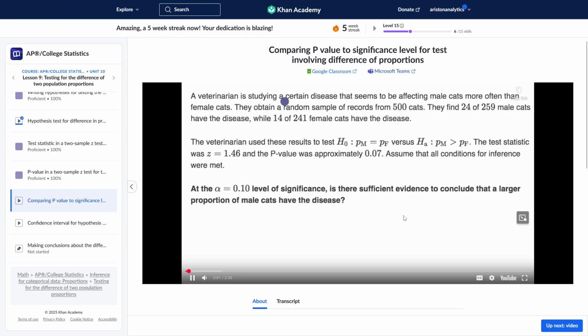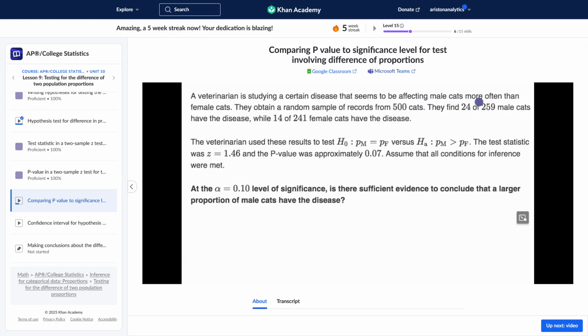A veterinarian is studying a certain disease that seems to be affecting male cats more than female cats. They obtain a random sample of records from 500 cats. They find 24 of the 259 male cats have the disease, while 14 of 241 female cats have the disease. The veterinarian uses these results to test their null hypothesis that the true proportion is the same amongst the male and female cats versus the alternative hypothesis that the proportion of males who get the disease is actually higher than the proportion of females.